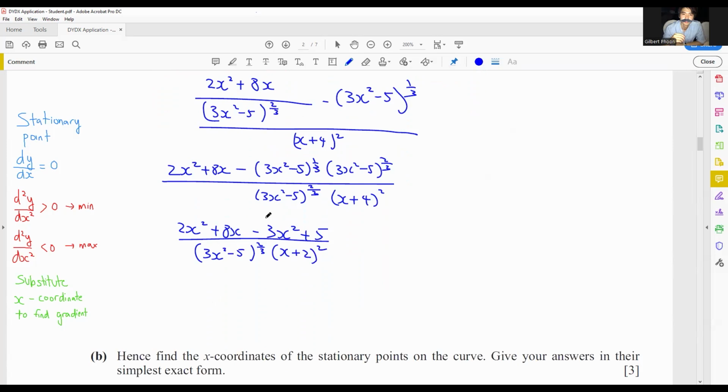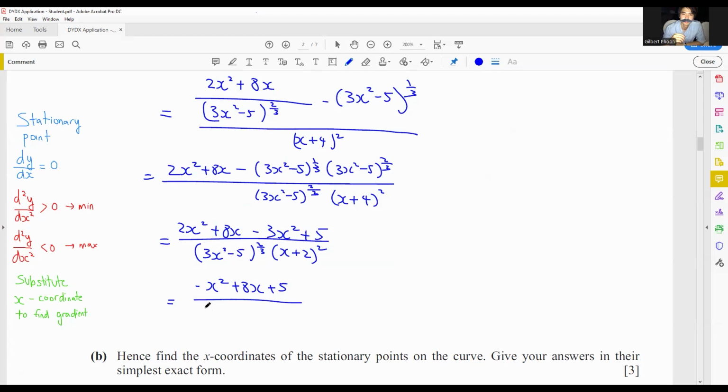And finally, just simplify it and rewrite it in the format that the question wants you to have. 2x squared minus 3x squared, negative x squared, plus 8x, plus 5. Okay.